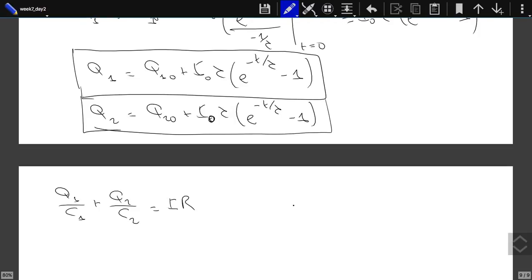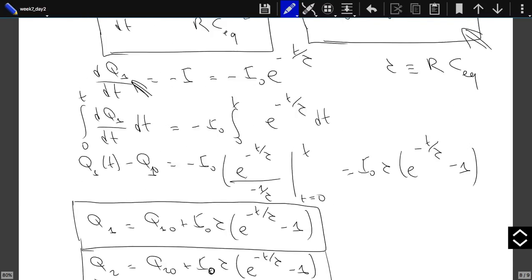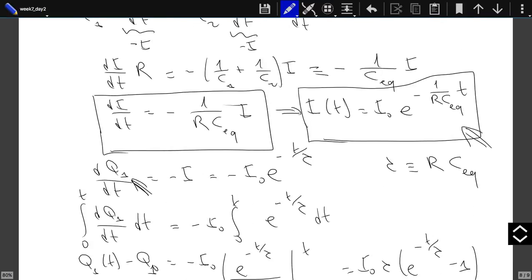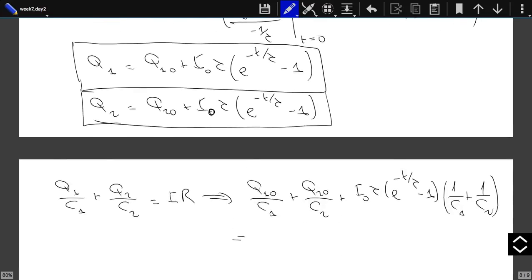If you just put it over here, q1(0) over C1 plus q2(0) over C2 plus I0 times tau times e to the power minus t over tau minus 1, times 1 over C1 plus 1 over C2. This is the left-hand side. It should be equal to I times R. Well, I, we already calculated it.